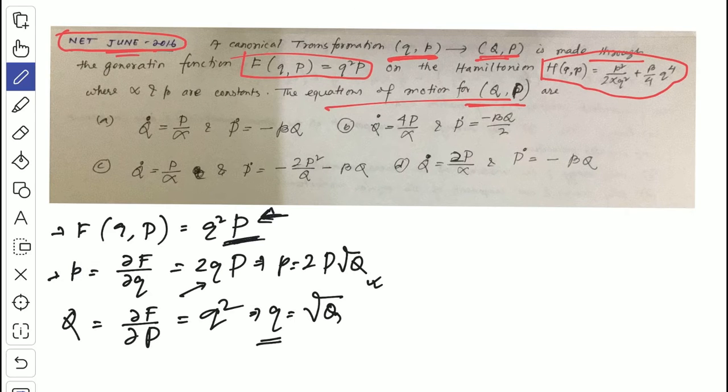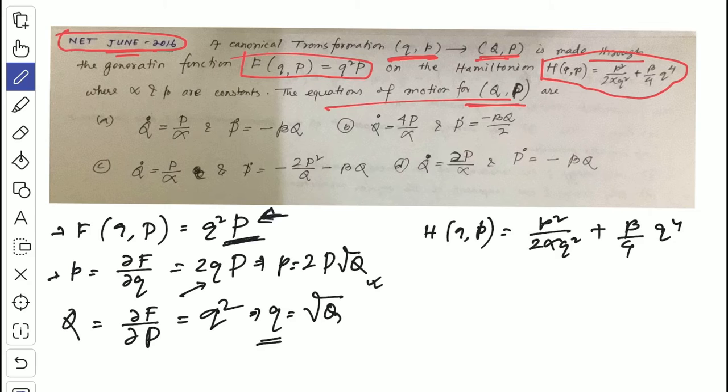Now you see our Hamiltonian is given. H is the Hamiltonian in terms of small p and small q, given as p² by 2α, q² plus β by 4, q to the power 4.